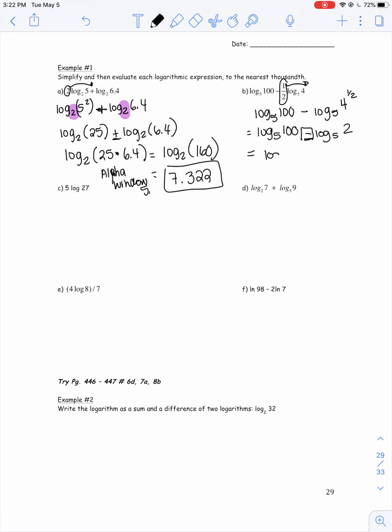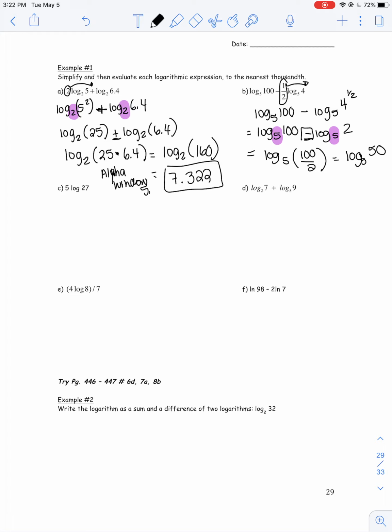Because of subtraction, we are going to divide the 100 and the 2, as long as the bases are the same. These two bases are identical, which means I can do this quotient rule. The base is 5, and we take 100 divided by 2, which is 50.